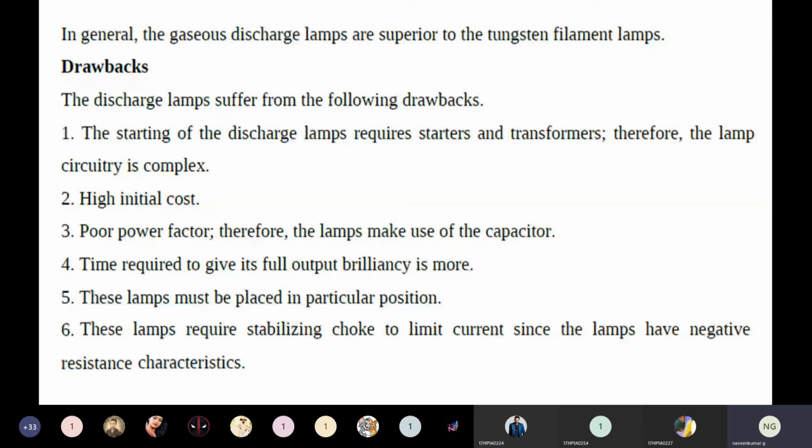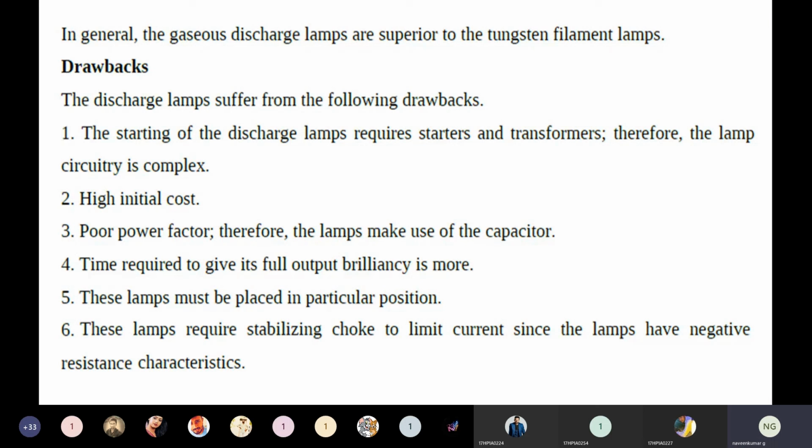This complex circuitry involves a high initial cost. Also, drawing of high currents in the starting results in poor power factor, so the lamps make use of a capacitor to compensate for this power factor. A capacitor is a costly device, again a condenser, so you are getting additional initial installation cost.